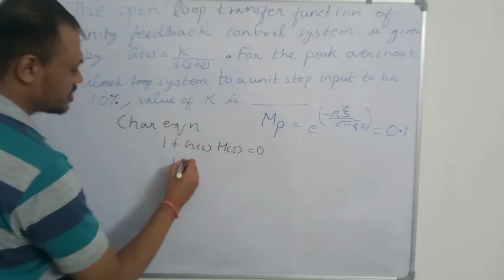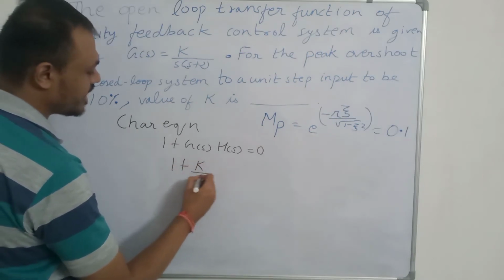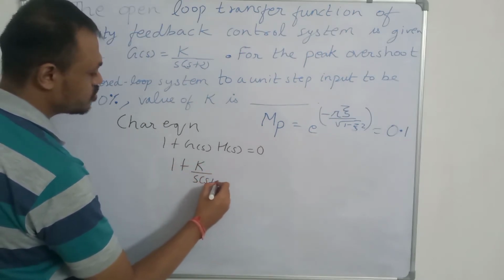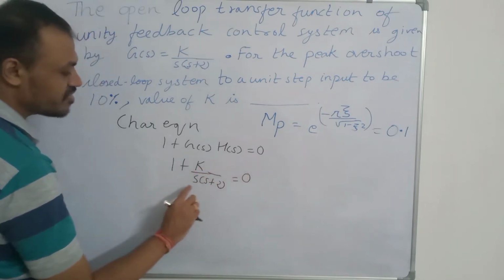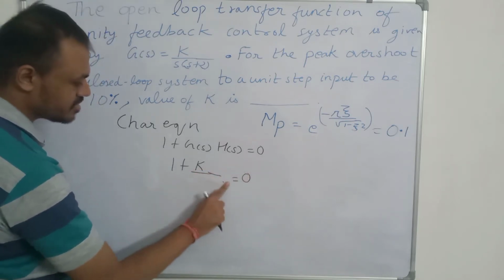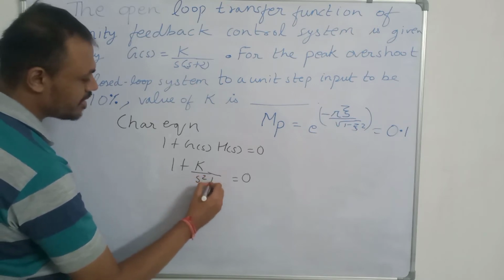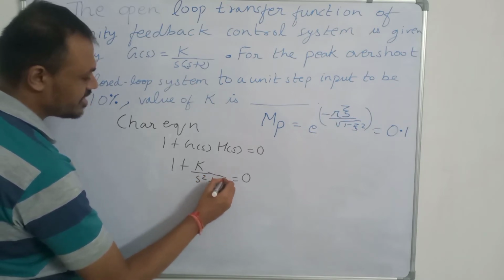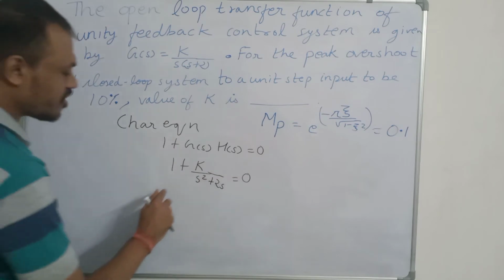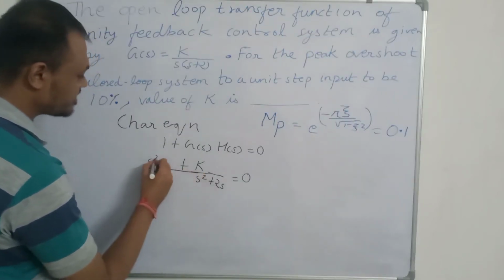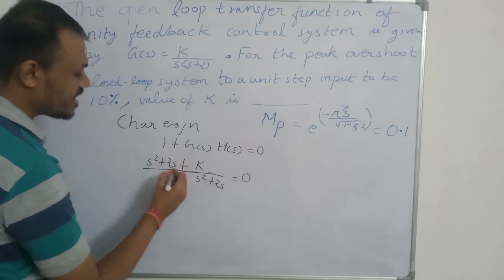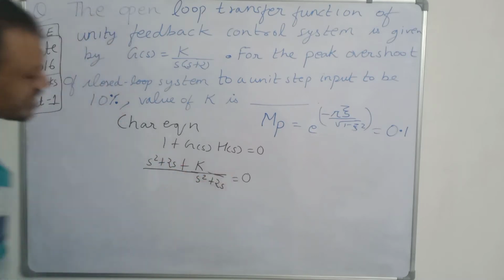So 1 + K/(s+2) = 0. We multiply it, so we get s² + 2s, and taking the LCM, what we get is (s² + 2s + K)/(s² + 2s) = 0.